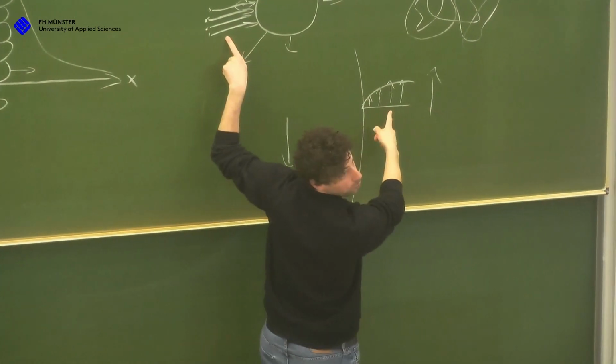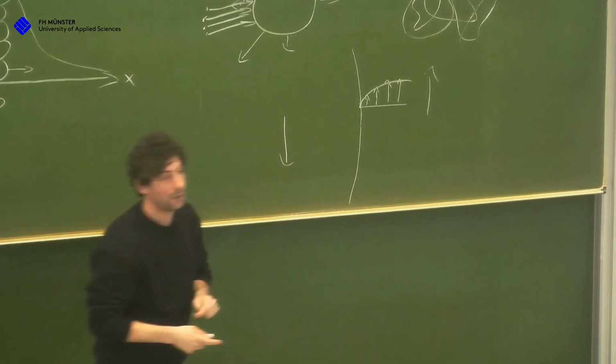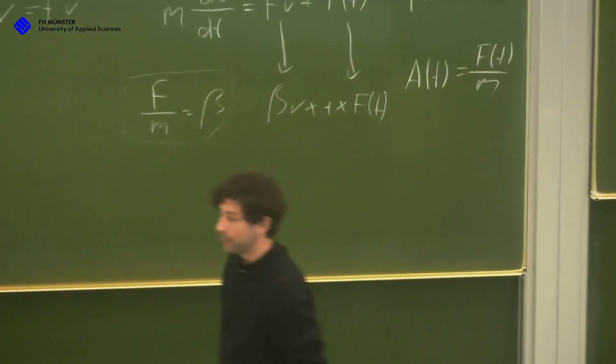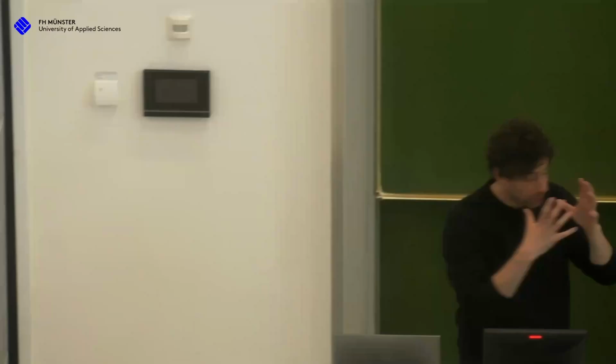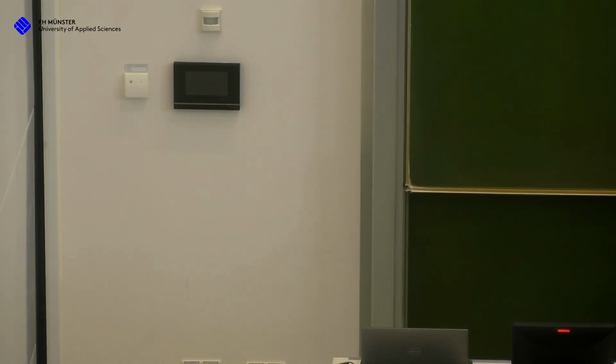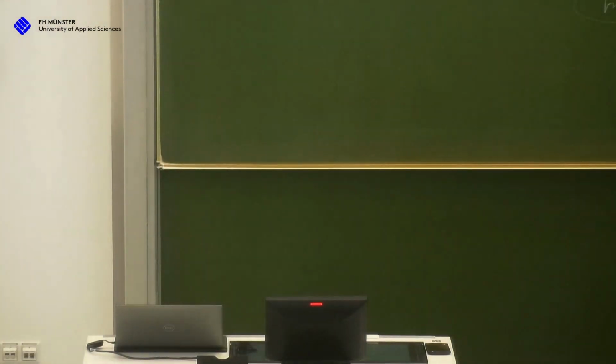These two pictures don't work together. And this is why we have a transient regime, and also what we call the free molecular regime. And this means this equation, which is based on this assumption, doesn't work.